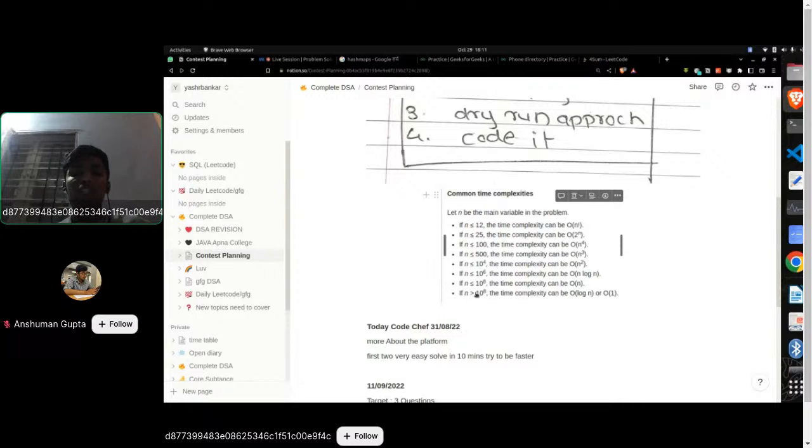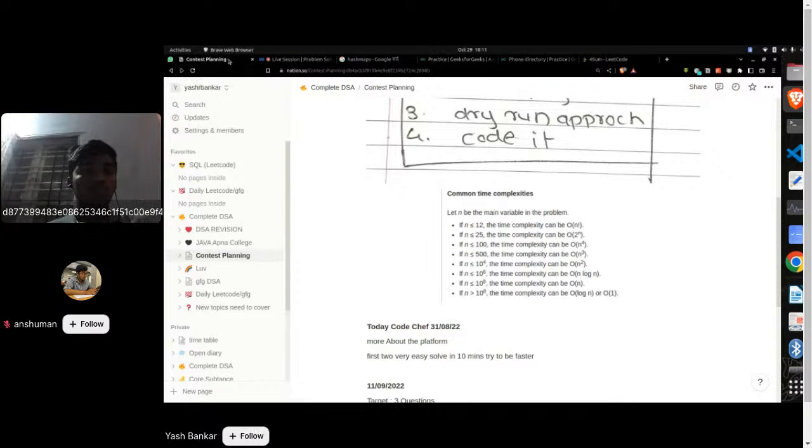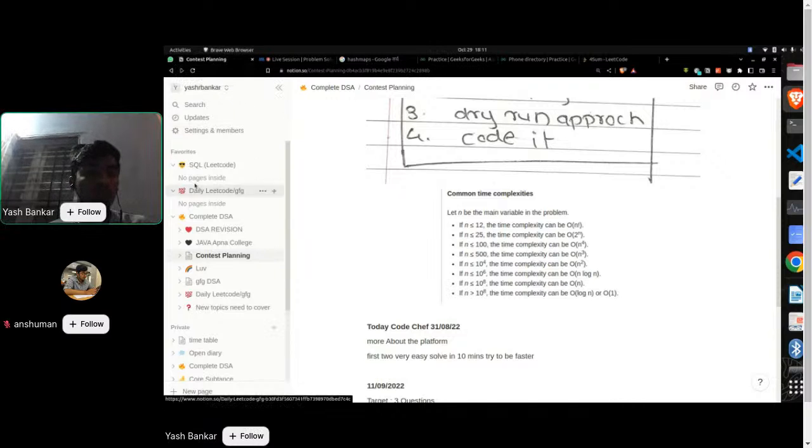Means a time complexity very near to order of 1 or log n can be solved using bitwise operation. It is a kind of trick. I have also solved some questions using this trick to optimize my code. Okay, so we will go back to our previous topic.